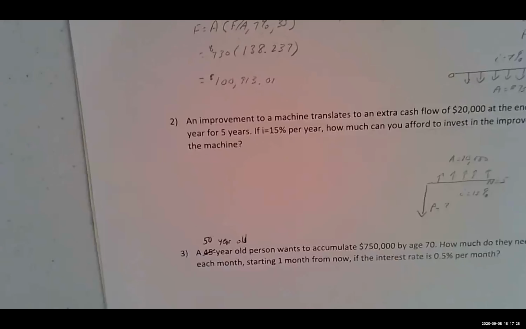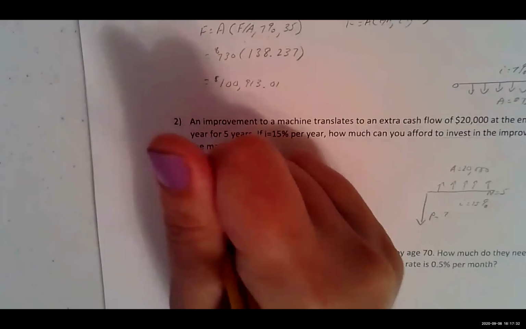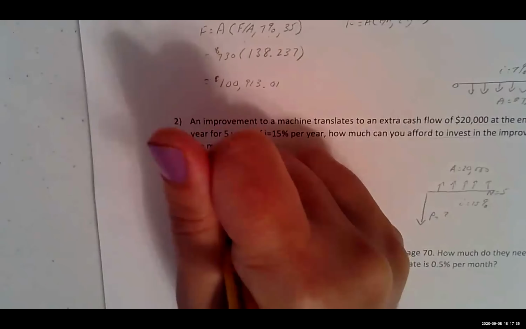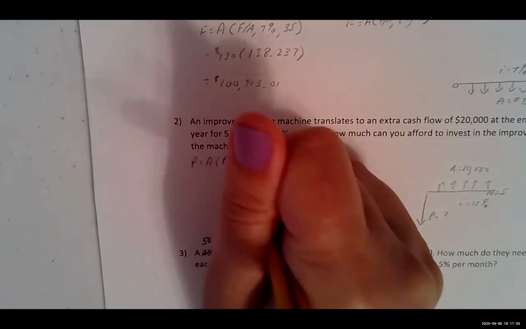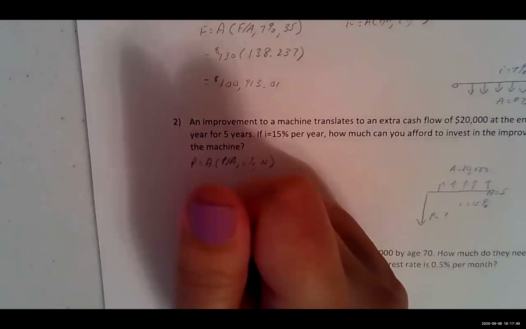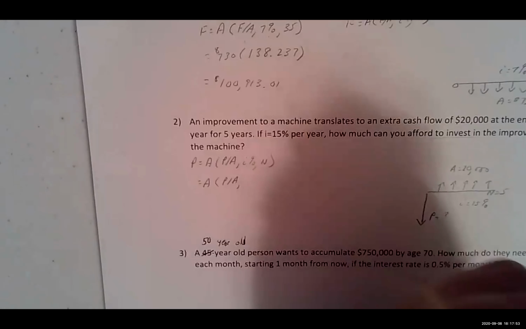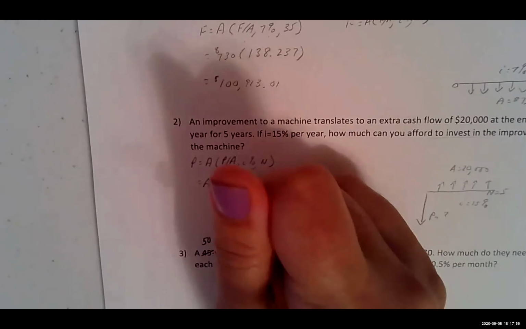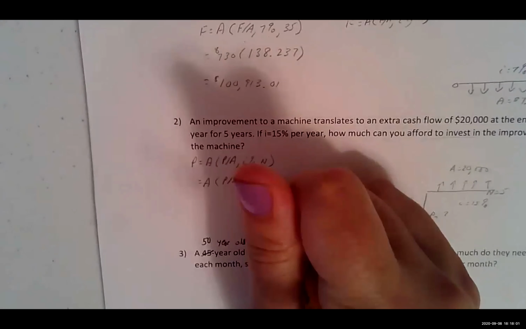So the baseline formula to find the present value: P is equal to the annuity times the P given A factor, which is a factor of the interest percentage and the number of years N. So I'm going to multiply A by my value found in the compound interest table. I'm looking at the P given A column, in the 15% interest table, and I'm looking for N equal to 5.